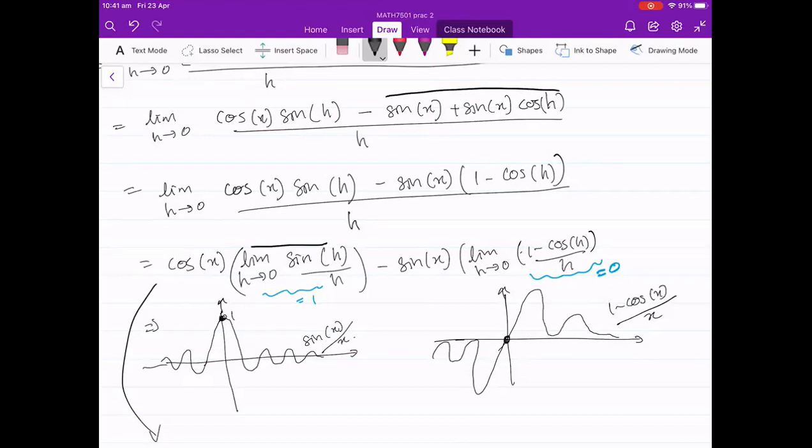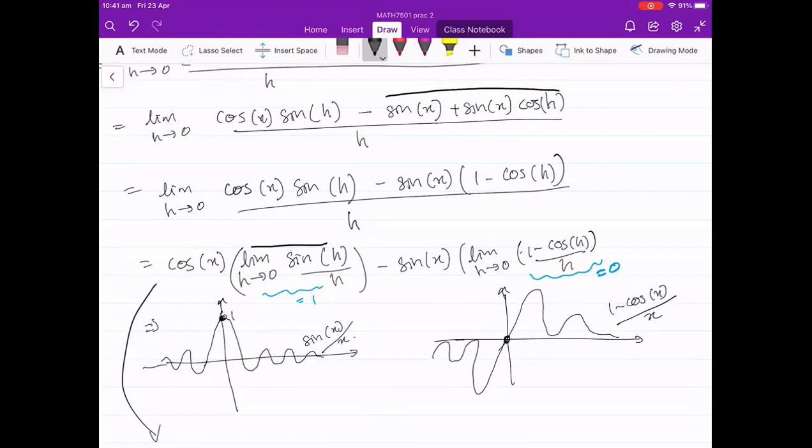And in this step, the limit is on h. So cos x is a constant term here, and sin x here is a constant. Then you have to take the limit of sin h divided by h as h goes to 0.